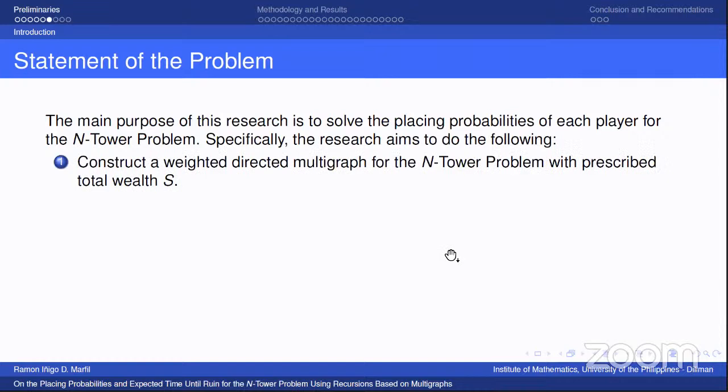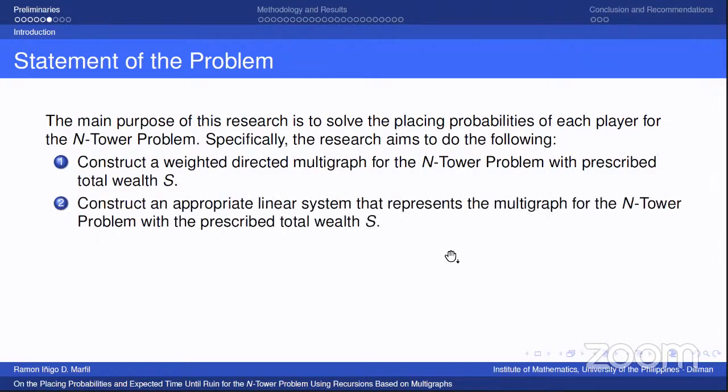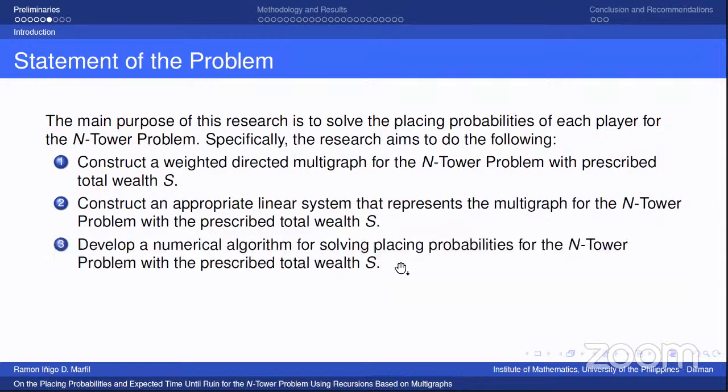Number one, construct a weighted directed multigraph for the n-tower problem with prescribed total wealth S. Sunod, we construct an appropriate linear system that represents the multigraph for the n-tower problem with prescribed total wealth S. So describe natin base dun sa multigraph, ano yung linear system na makukuha natin kung saan yung linear system na yun yung isosolve natin para mahanap yung placing probabilities natin for the n-tower problem.